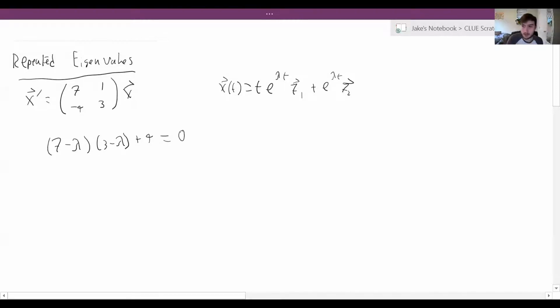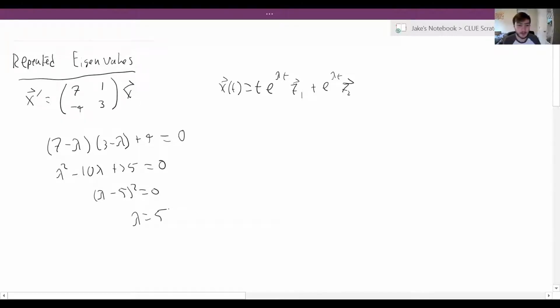If you hear that, that just means the determinant of A minus lambda I. If we do this multiplication, we get lambda minus 5 squared equals 0, which means the only eigenvalue we have is 5.